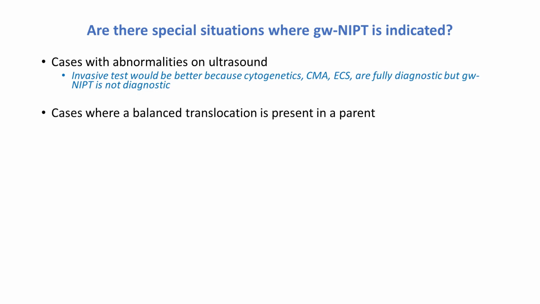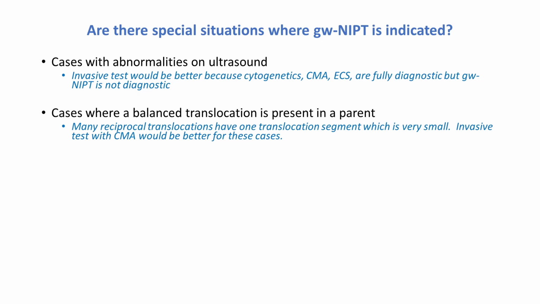What about cases where there's a balanced translocation in a parent? You know it's segregating. Would genome-wide NIPT be able to tell you whether you've got the unbalanced translocation and safe doing an amniocentesis? Well, many of the reciprocal translocations that do exist have a segment that can be very small, and it may not actually be absolutely identical in the parent and the child.